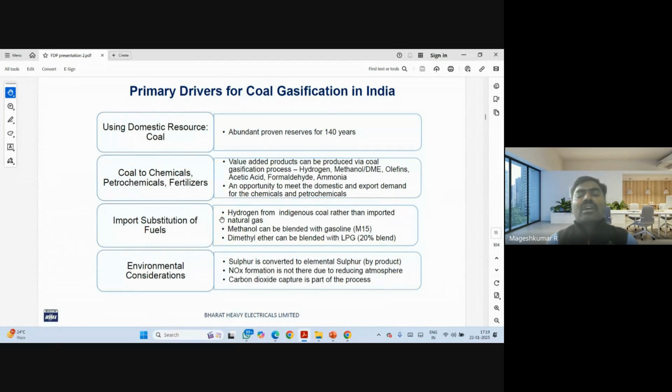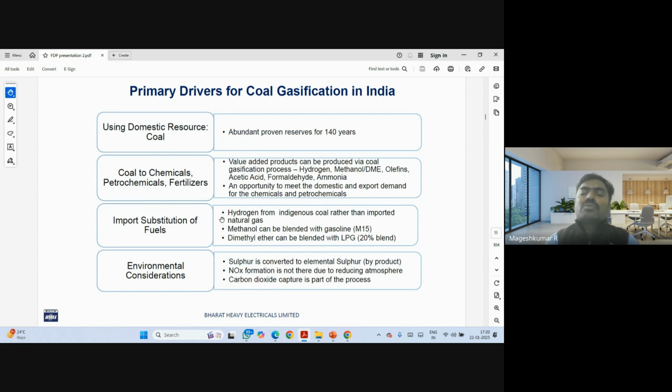Chemicals, where we can generate hydrogen, which is called gray hydrogen. Actually, we discuss green hydrogen; here, if CO2 is not captured, it is called gray hydrogen. Then methanol, dimethyl ether, olefins, acetic acid, formaldehyde, and ammonia can be produced. Presently, these chemicals we are importing again.